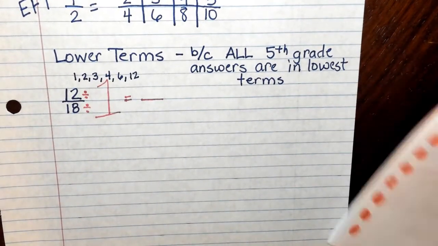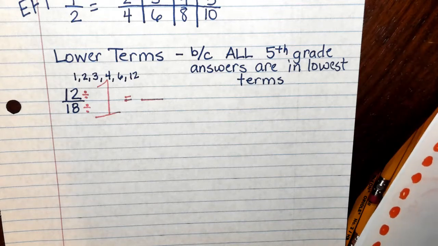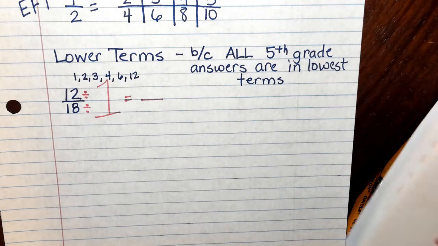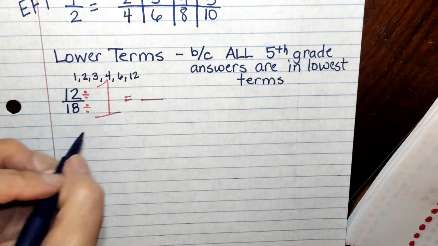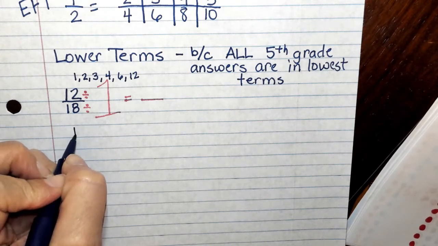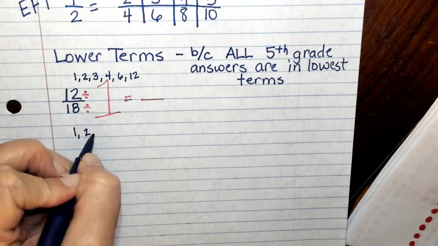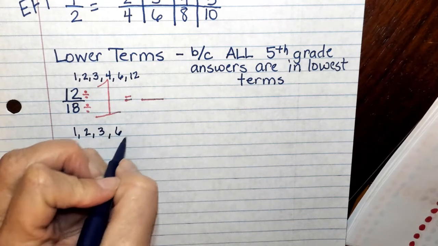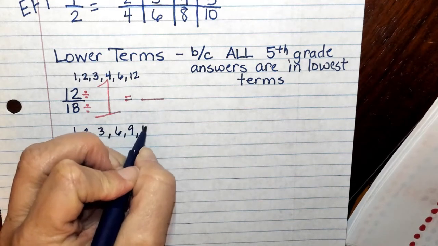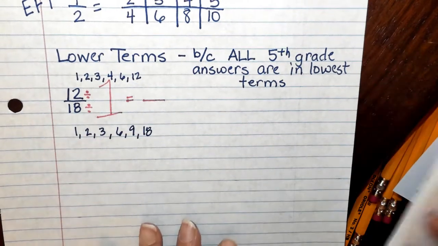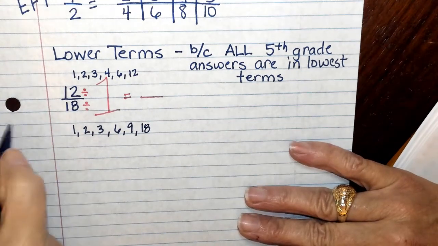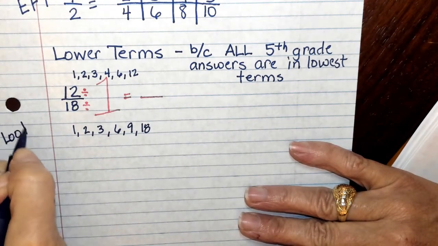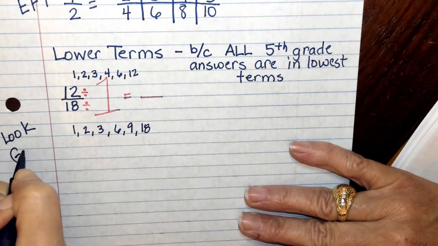And now I'm going to flip over to my numbers for 18. And so my numbers for 18 in my flip book are 1, 2, 3, 6, 9, and 18. You want to look for the greatest common factor, the GCF.